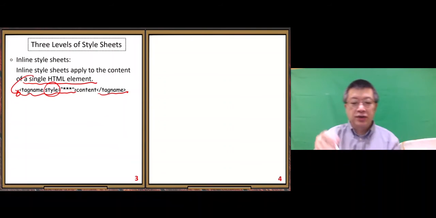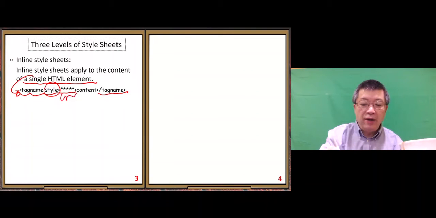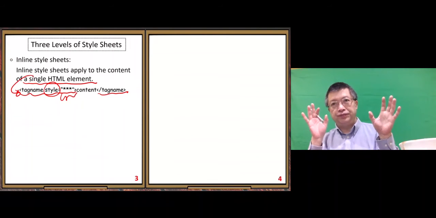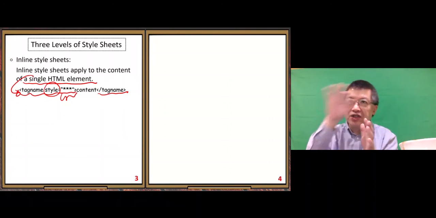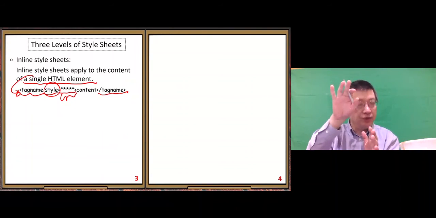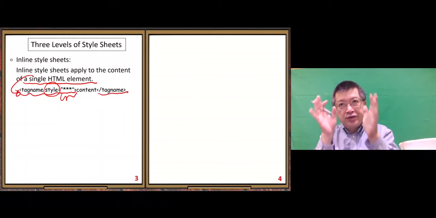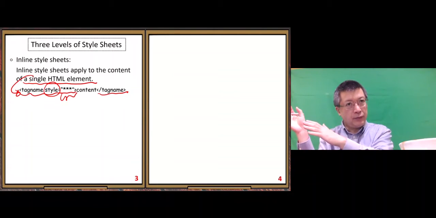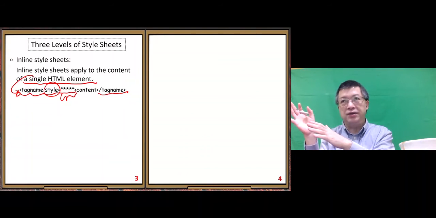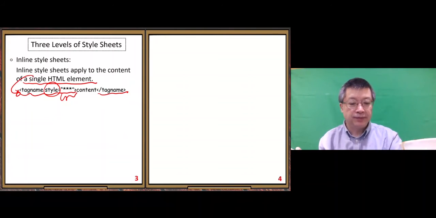Style equals, and inside double quotes, you describe the rules. How do you want to modify the style? You need to provide a set of rules, not just one rule. Usually, we need multiple rules. The details of those rules, we will learn in our following videos. We will talk about all the details. At this point, we do not need to know that kind of detail.